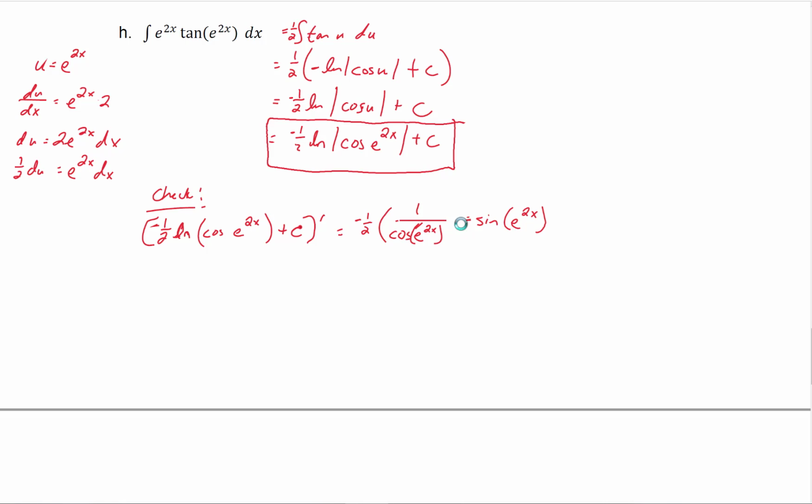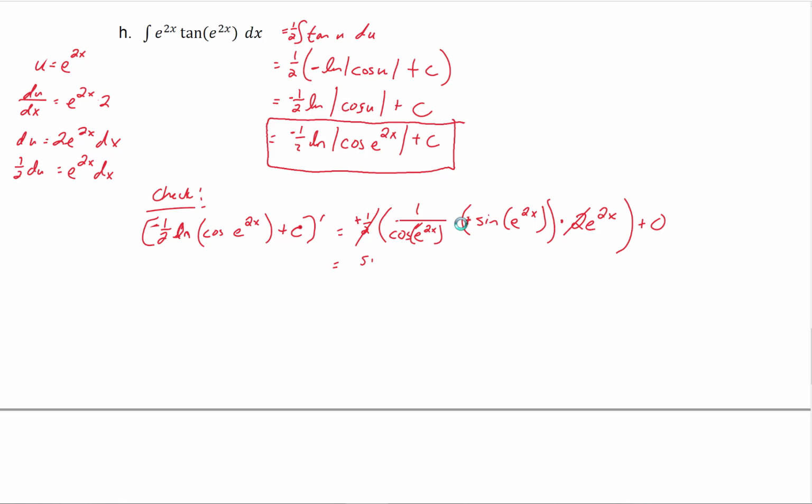But be careful, we're not done, right? Now we've got to multiply by the derivative of that blah, because we're doing another chain rule here. So times the derivative of e to the 2x, which is 2e to the 2x. And then plus the derivative of c is 0, since c is a constant. Then cleaning up, the 2 and the 1/2 cancel, and the negative and negative become positive.